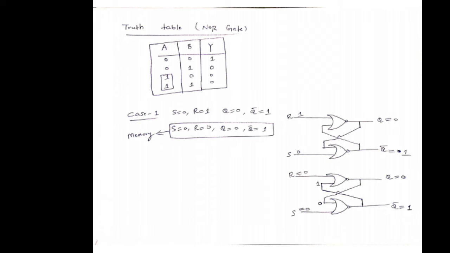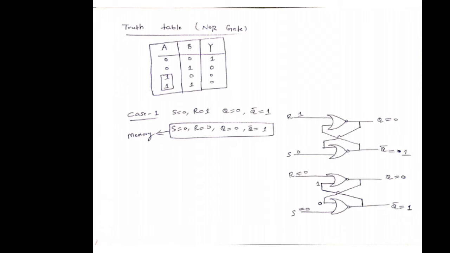That means this state is called memory state. When S is equal to 0, R is equal to 0, we got Q is equal to 0 and Q bar is equal to 1. The same values are repeated. That means this state is called memory state or no change state.